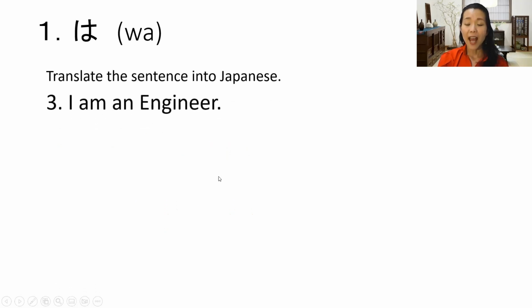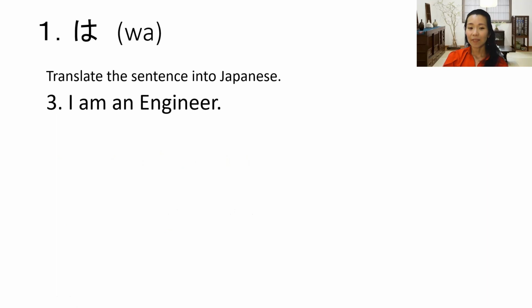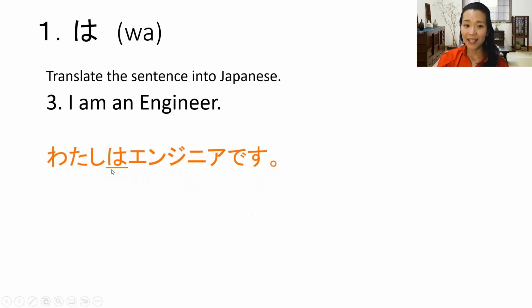Let's try the second sentence. How would you say I am an engineer? Okay, let's check the answer. 私はエンジニアです。The reason why I picked engineer is because many of my students were engineers.